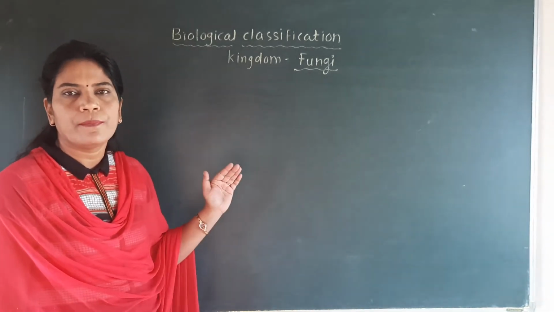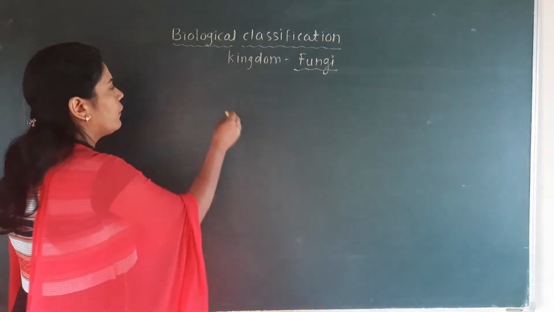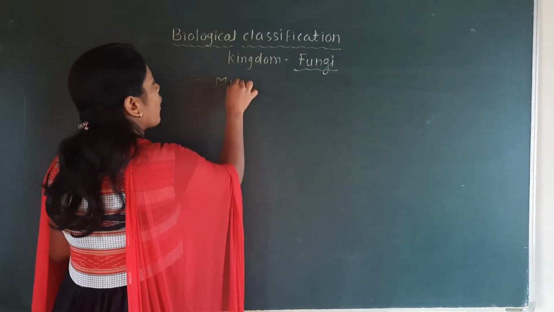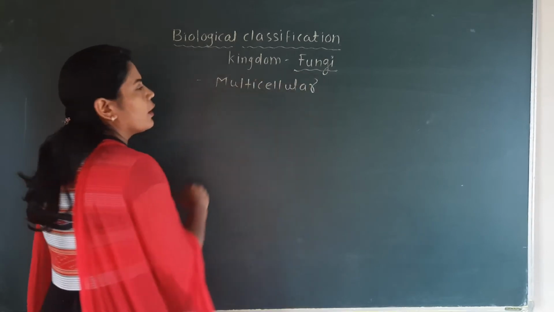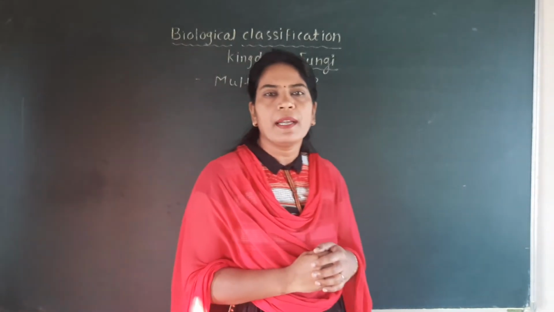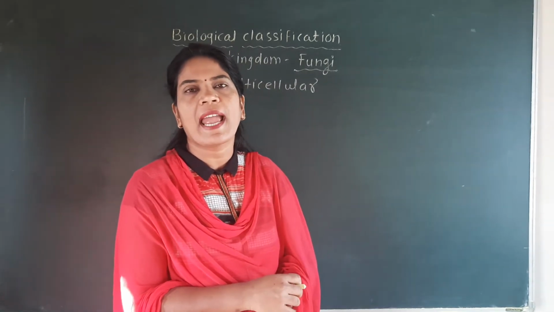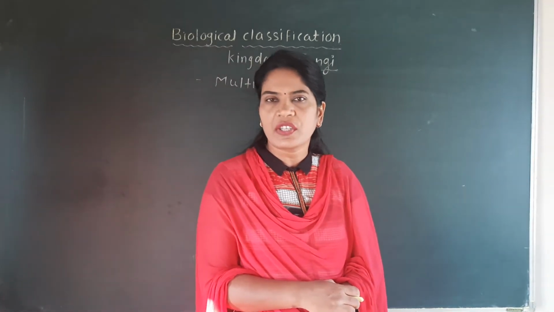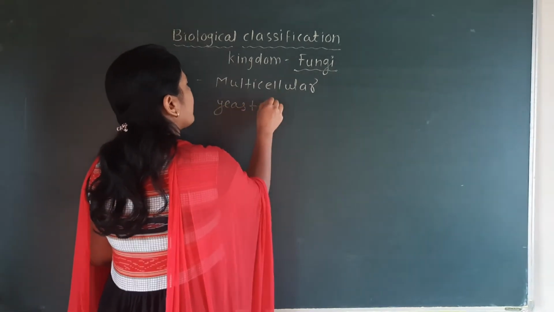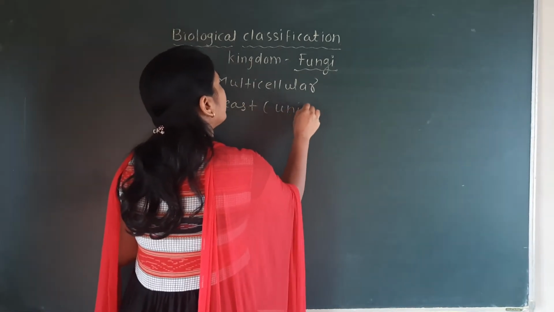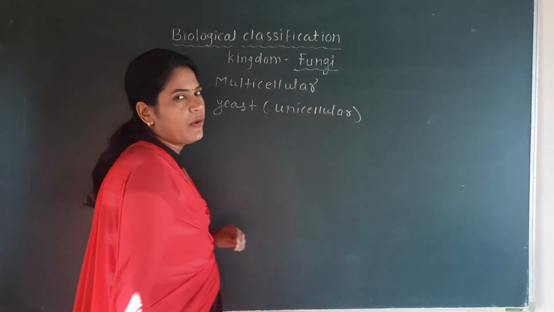The kingdom Fungi are multicellular organisms, which means their body is made up of many cells. But there is one exception to this multicellularity of the fungi, and that is yeast, because yeast is the only organism which is unicellular, and yeast is an example of the fungi.